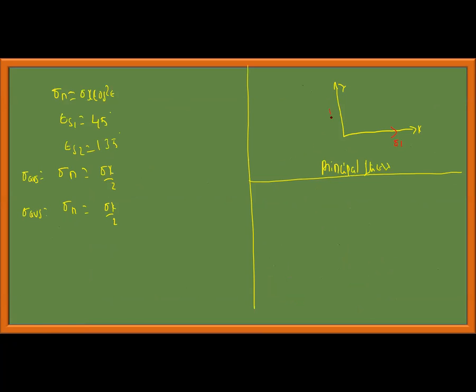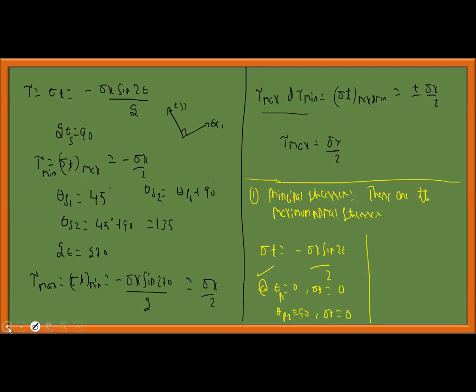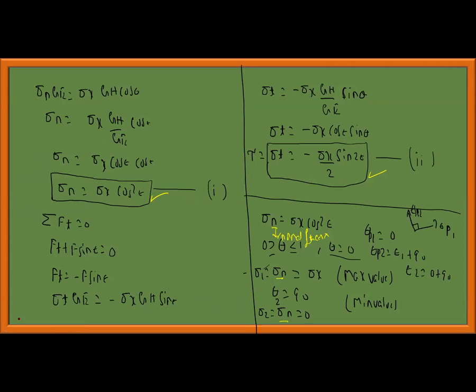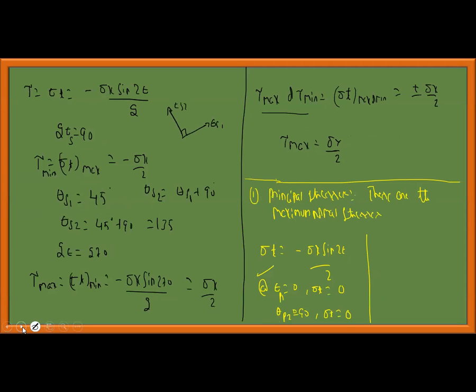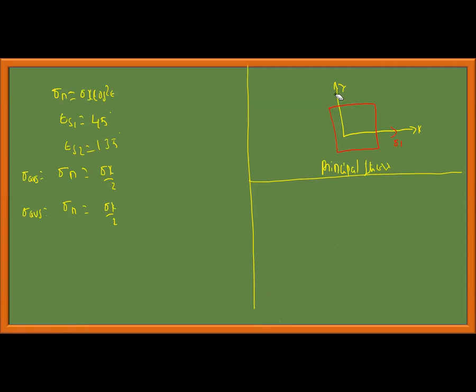When I come to shear stress, I should write a plane at sigma 1. Next, sigma 2 is at an angle of 90 degrees. Let me represent it properly.